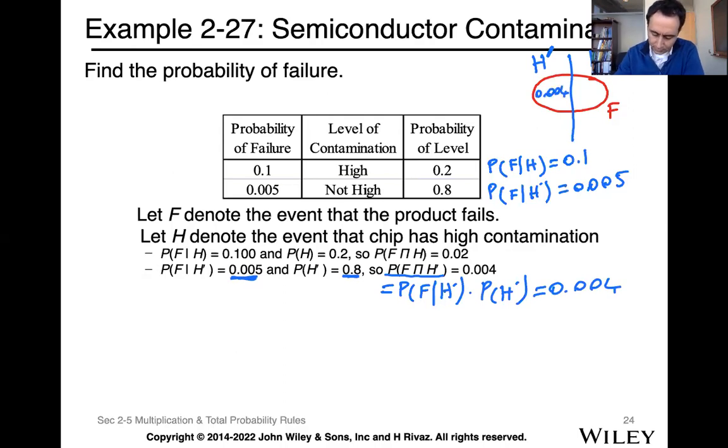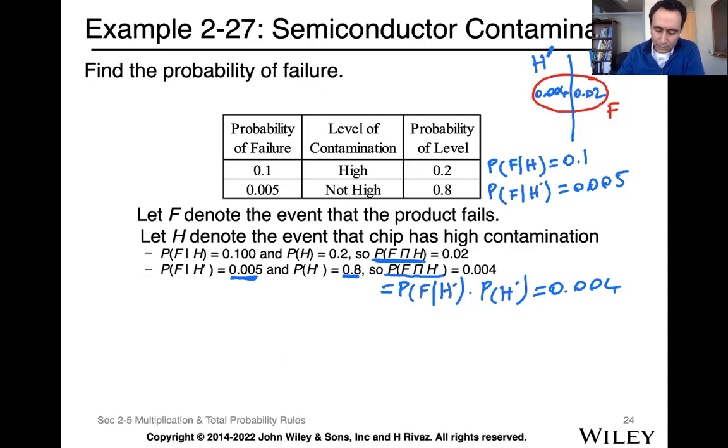So this probability here is 0.004, right? And similarly, we calculate the probability of F and H, and that probability is higher, 2%, right? So the total probability of failure is simply the sum of these two, because we can have failure either because of having high contamination or when we don't have high contamination, right?